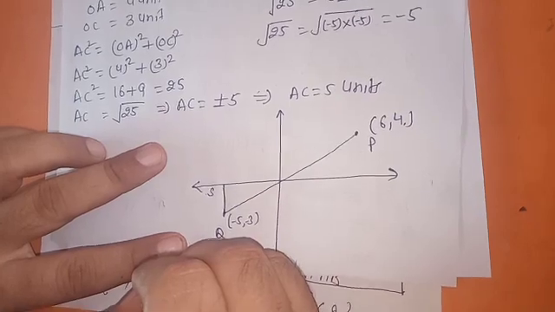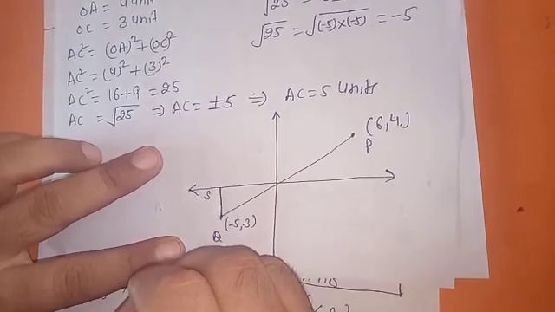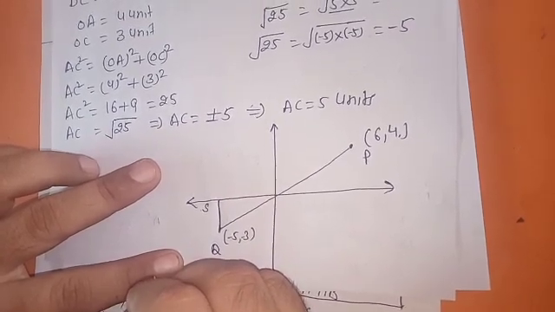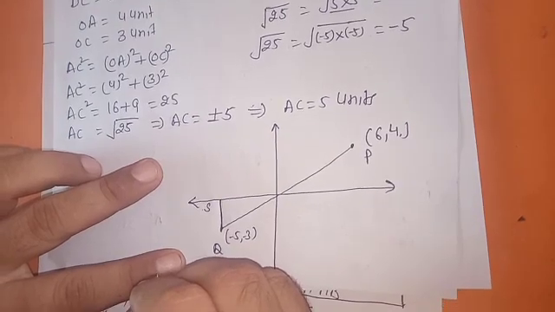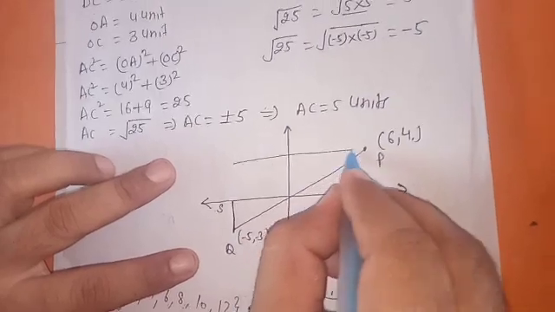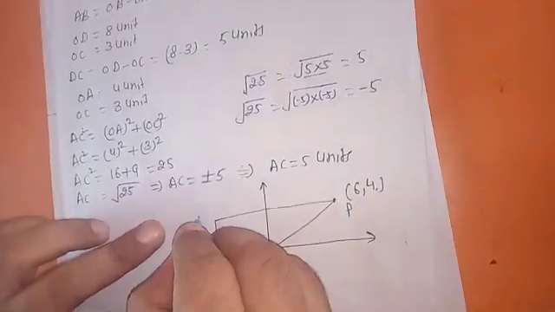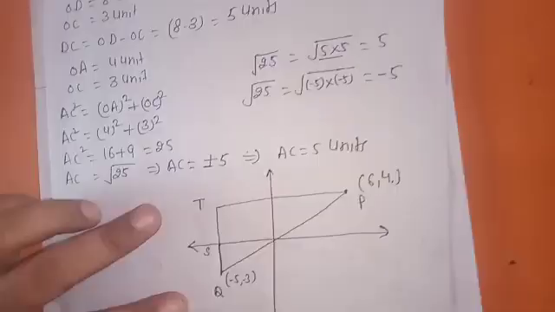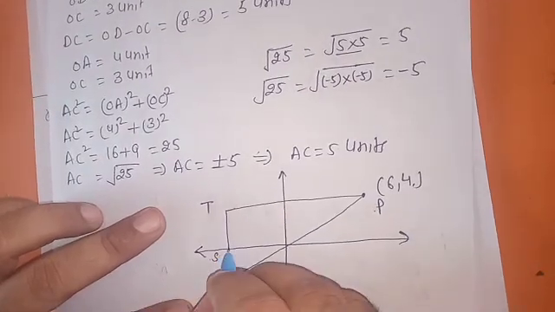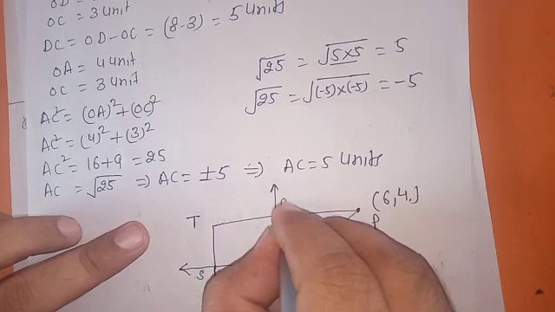QS is perpendicular on the x-axis, and PT is also perpendicular on QS. Join this. What's the name of this point? T. Its name P, its name Q, its name S, its name T, and let this be R.